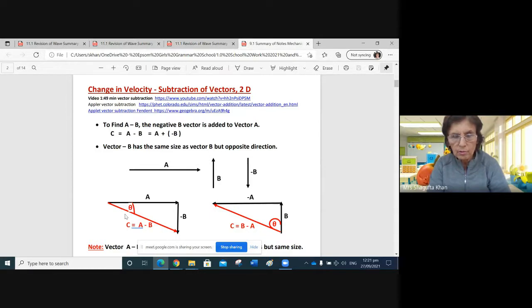So you have to look at which one is the final, which one is the initial, and use that one. To find the size, you use Pythagoras, a squared plus b squared equals c squared, and use tan theta to find this angle in this triangle. So that's about the change in velocity.